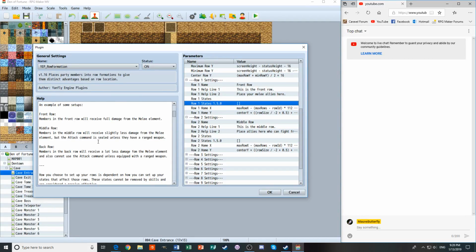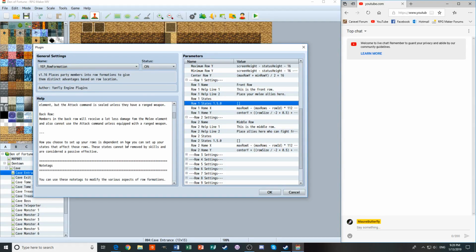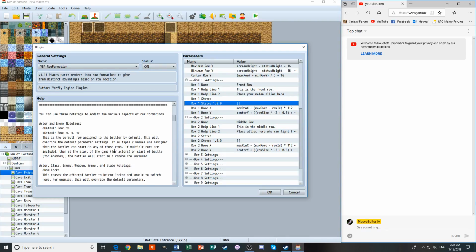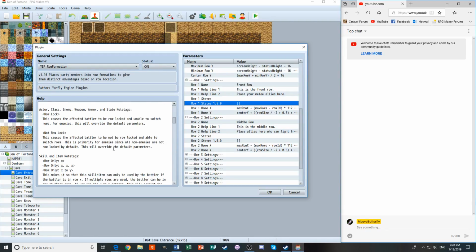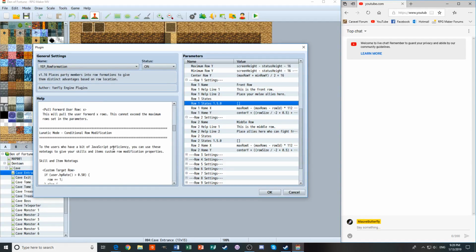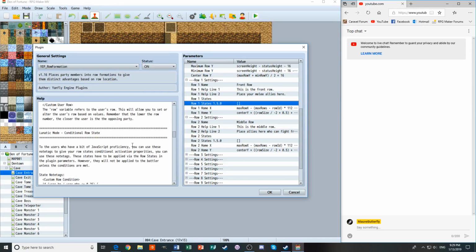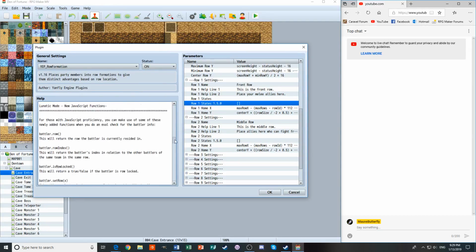Right. So they have some examples here. States cannot be removed and are considered to be passive abilities. Okay, and then there's, yeah, lunatic mode stuff. We're not dealing with that just yet.